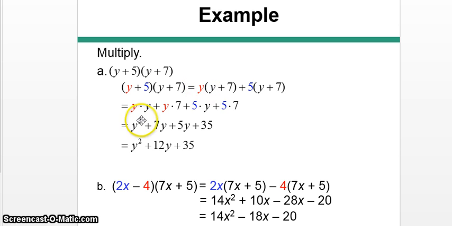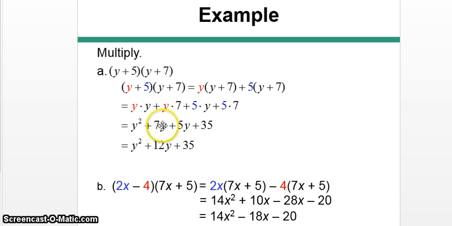Here y times y plus y times 7 plus 5 times y plus 5 times 7. y times y is y squared. y times 7 is 7y. 5 times y is 5y. 5 times 7 is 35. 7y and 5y are like terms, so we can add them.